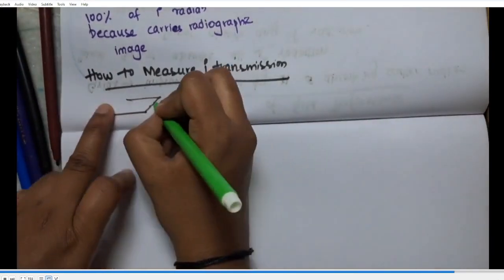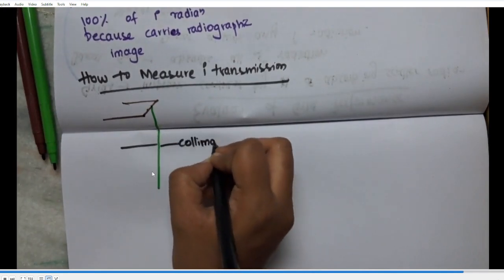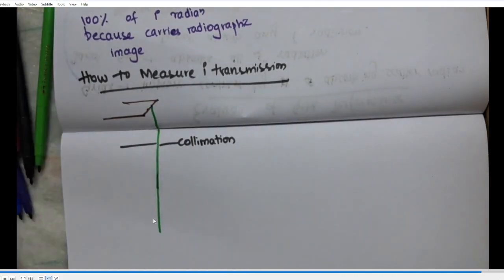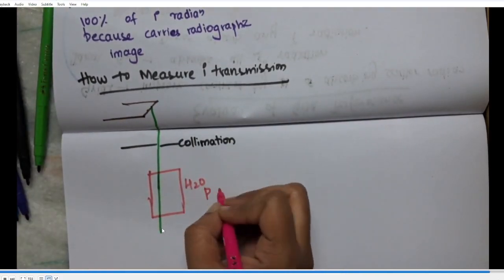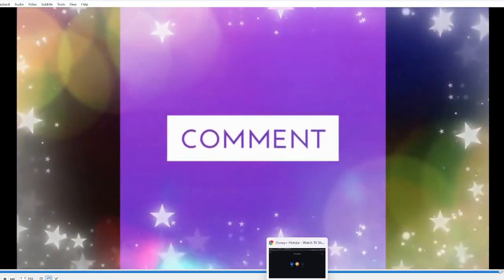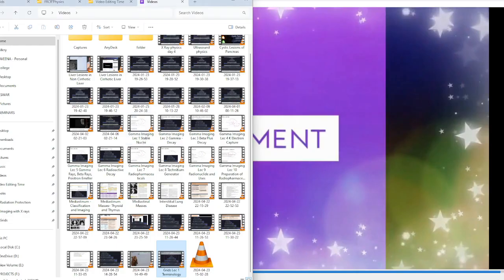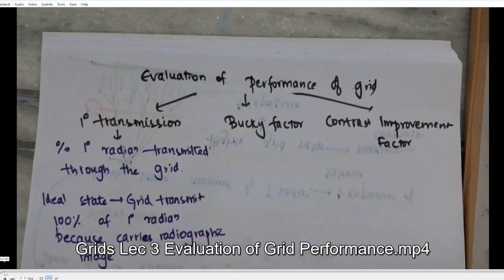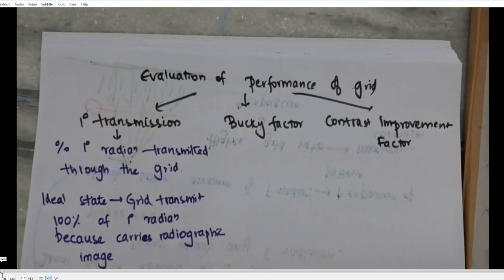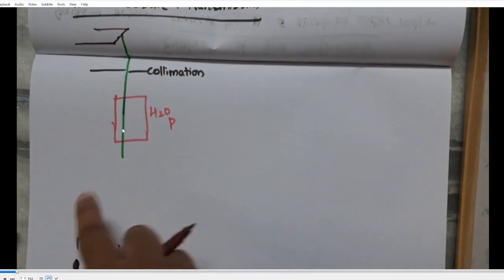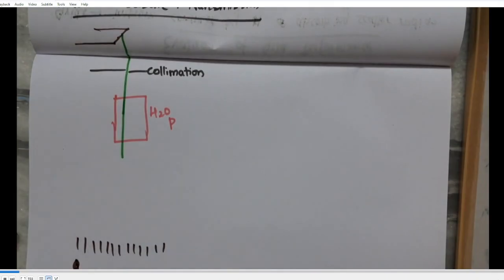For measuring primary transmission, this is the target anode. The X-ray beam is collimated to a narrow, thin pencil beam of radiation and passed through a phantom of water.